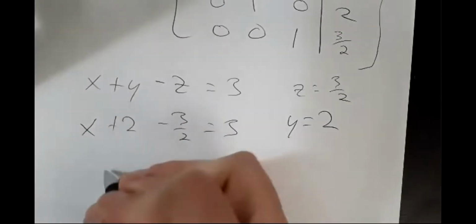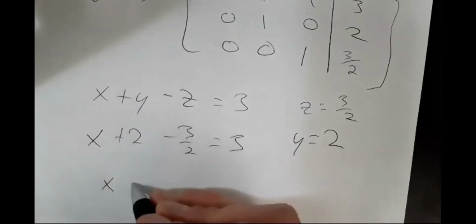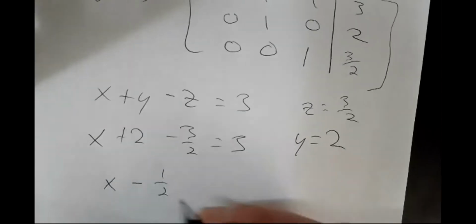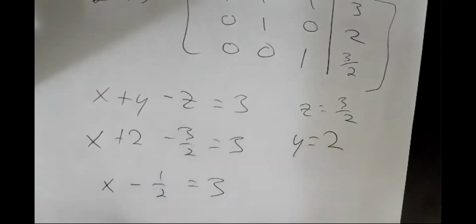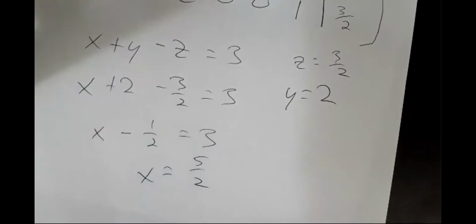We've got to do some fractions. If you want to do decimals on this one, that's probably even easier, right? This is x plus 2 minus 1.5, which gives you x minus 1/2. So we should be able to solve these by now.